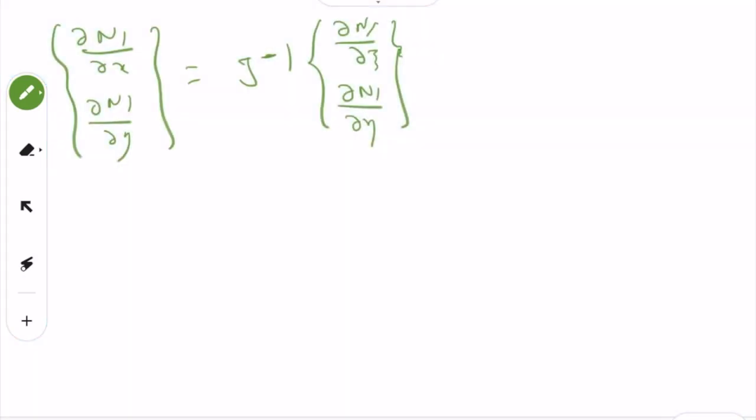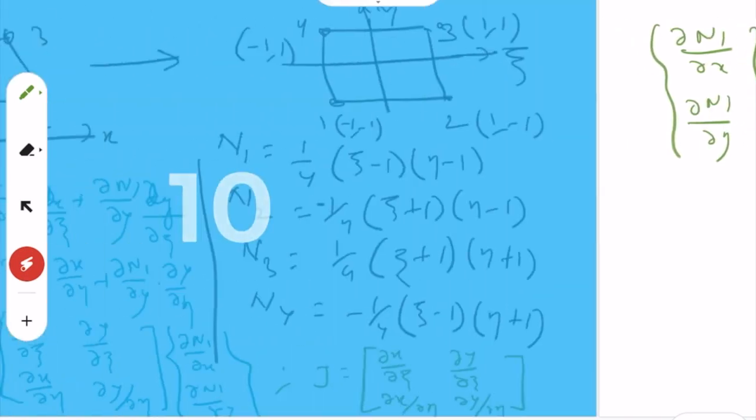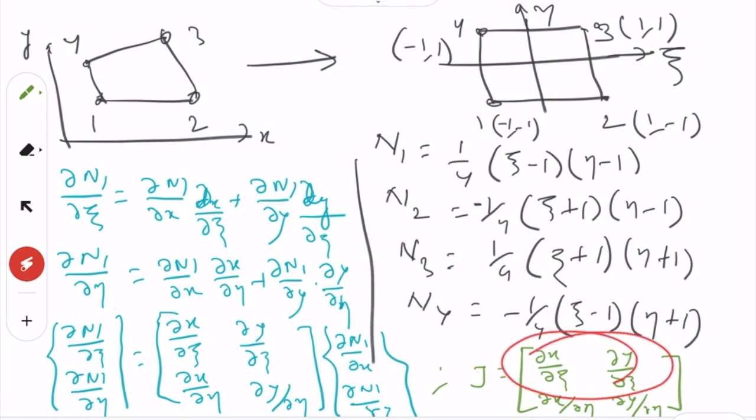So basically we can find it like this. J is like this, and we can find it since we have N1, N2, N3, N4.